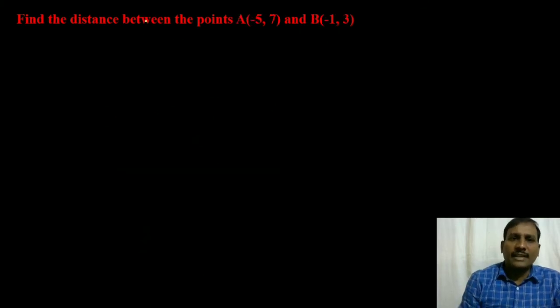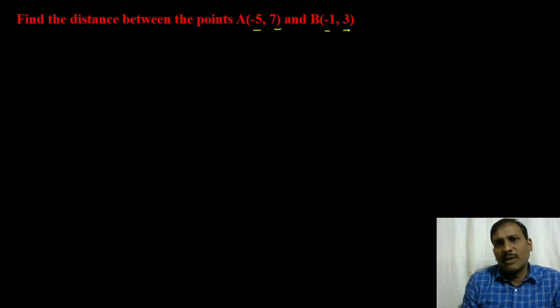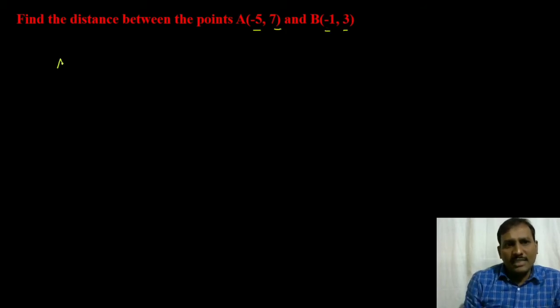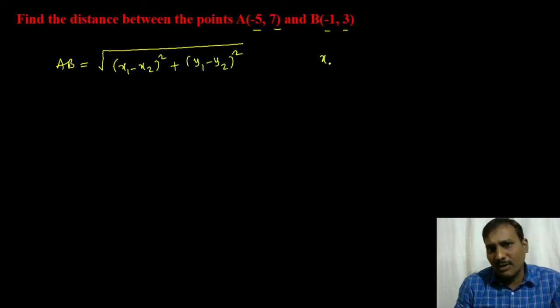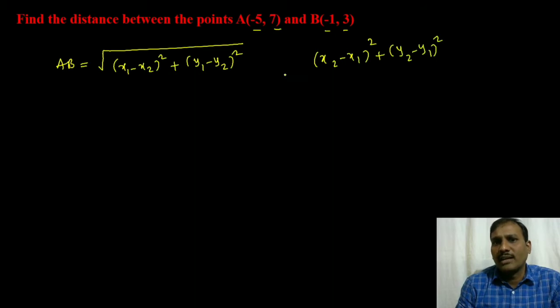Next, find the distance between the points A(minus 5, 7) and B(minus 1, 3). So what is the formula? AB is equal to square root of (x1 minus x2) whole square plus (y1 minus y2) whole square. In the previous problem, I wrote the formula as (x2 minus x1) whole square plus (y2 minus y1) whole square under root.